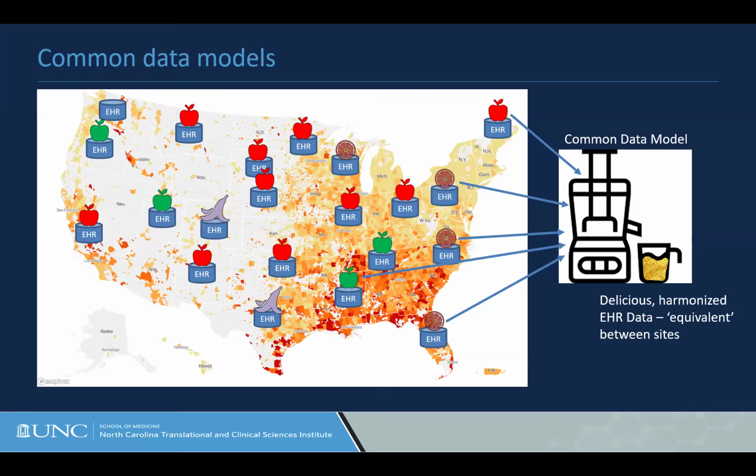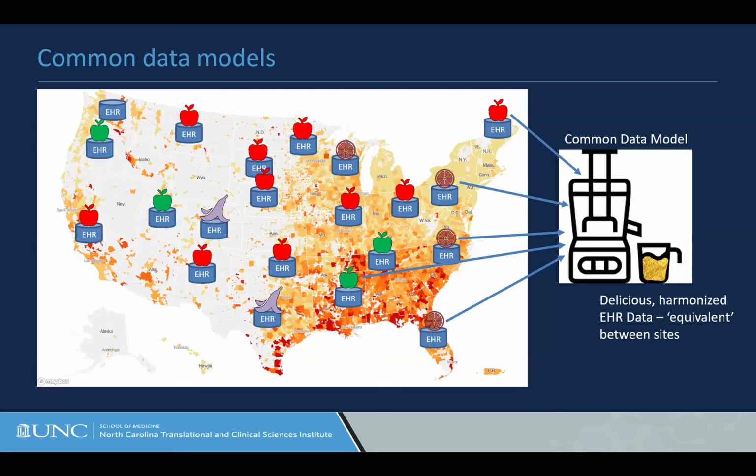One solution to that, and now probably the most common solution, is common data models. This is really a logical piece that takes the very highly customized, localized data models that databases are based on and standardizes them such that data can be extracted, standardized, turned into a common format, and then integrated together. The analogy that I've used here is that it's like juicing.